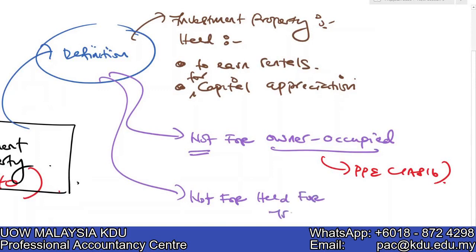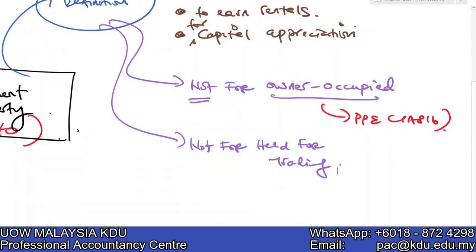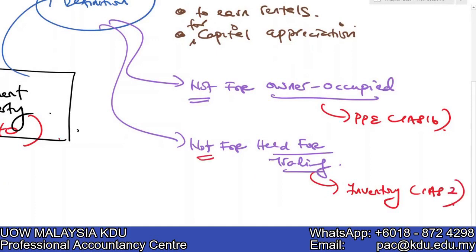Because if they are held for trading in the normal course of business, then they will be your inventory, IAS 2. Okay. So when is it classified as your investment property? If it's not for own use, not for sale, then it is investment property. Meaning it's to earn rentals or for capital appreciation.